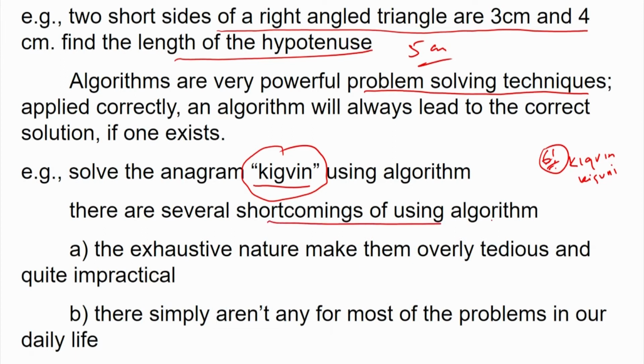Now, there are several shortcomings to using the algorithm, as I said. If it requires this many steps, this many variations to arrive at a solution, then it's a huge task. So, what are the shortcomings? First, the exhaustive nature makes them overly tedious and quite impractical.